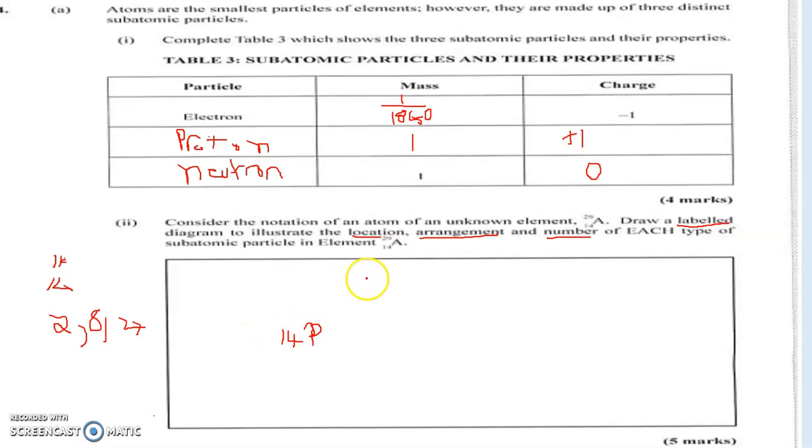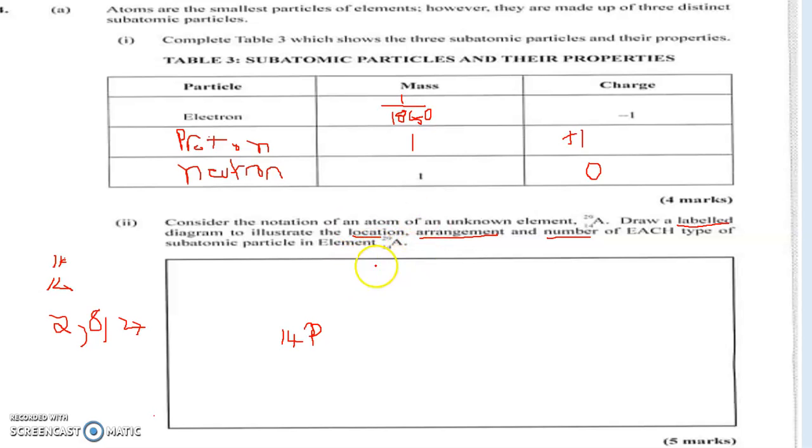Proton. And in order to get the neutrons, we subtract the 14 from the 29. So 14 from 29, and we will be left with 15.